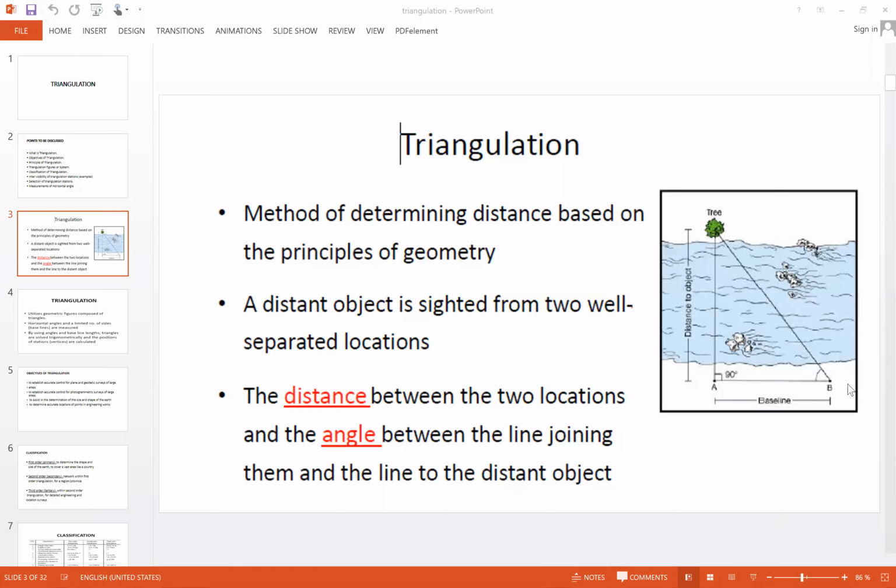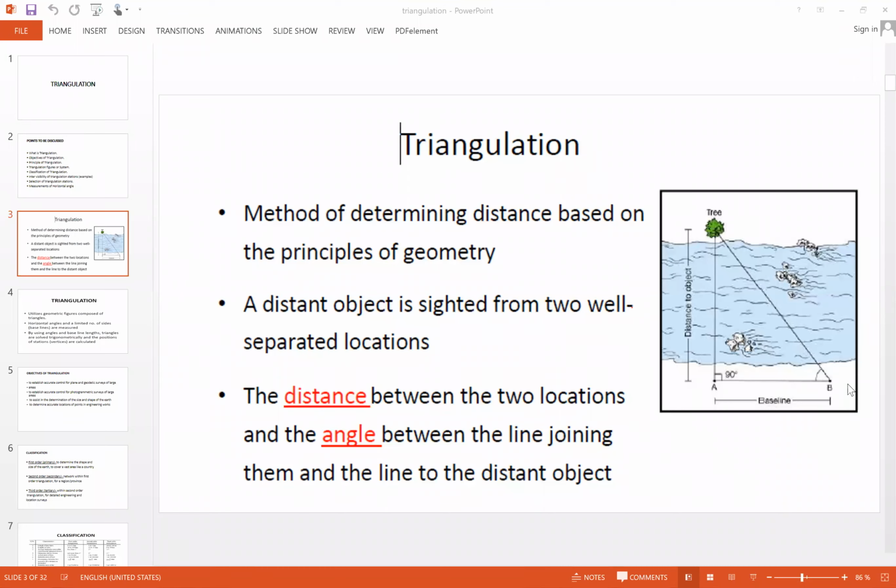And similarly, by standing at point B, we can measure the angle of the ray from this baseline to that tree. So we know that if in a triangle we know two angles and one side, we can easily determine the remaining parameters. For instance, over here, we know the distance AB, right?